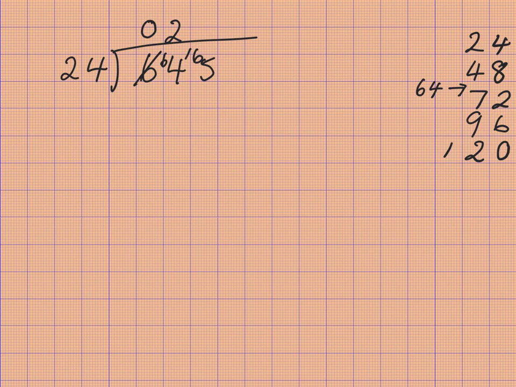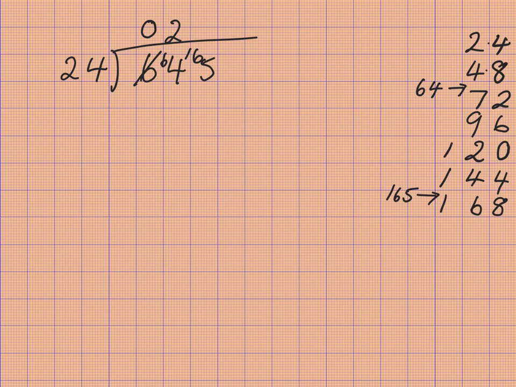24 into 165, actually I haven't gone far enough, so I'm going to add on some more. 144, 168, that's enough. There we go. So 24 into 165, 165 would be here.